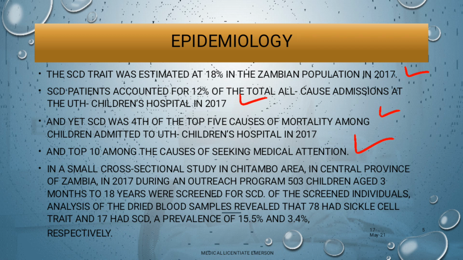Of the screened individuals, analysis of the dried blood samples revealed that 78 had sickle cell trait and 17 had sickle cell disease, with a prevalence of 15.5 and 3.4% respectively. In addition, there is also a case of lead poisoning in Central Province. So there are a lot of cross-sectional studies being done.